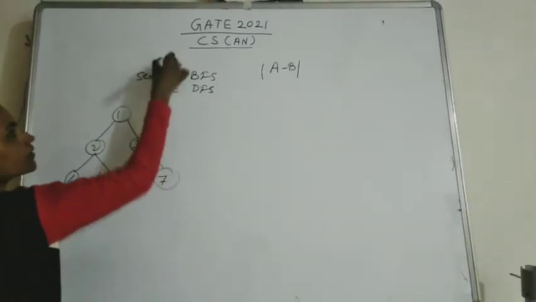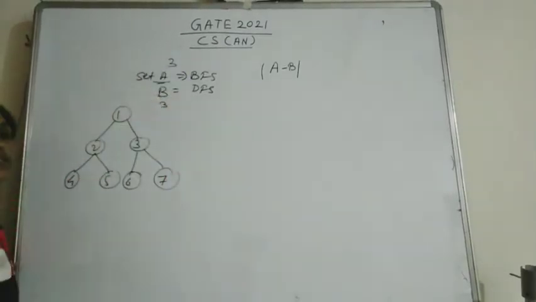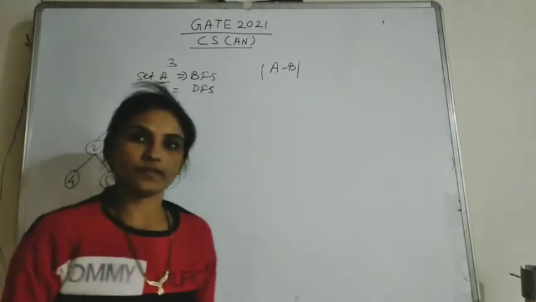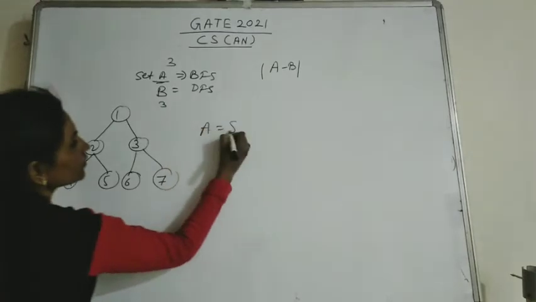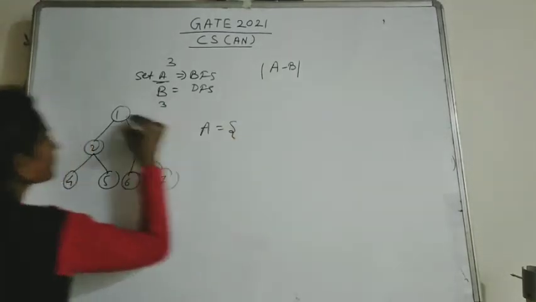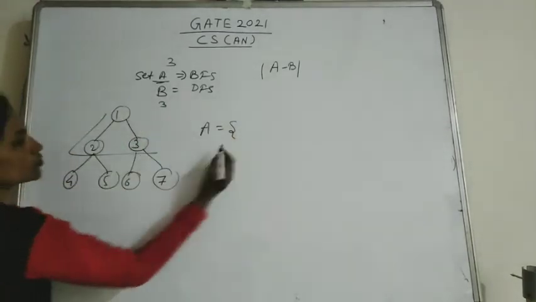So A is the set of first three elements and B is also a set of first three elements. Now if we have to calculate the A set, we have 1, 2, 3.